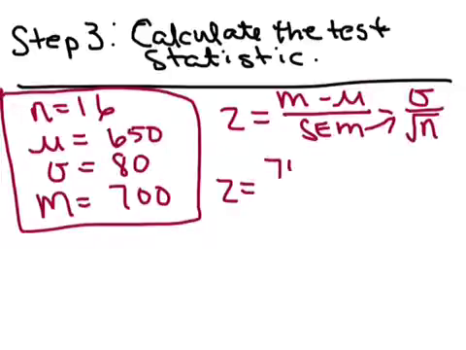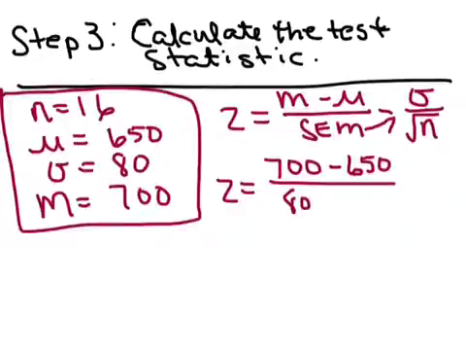So we end up plugging it in. It's 700 minus 650 divided by 80 divided by the square root of 16. When you calculate that out, be careful about your order of operations when you're entering it in the calculator.